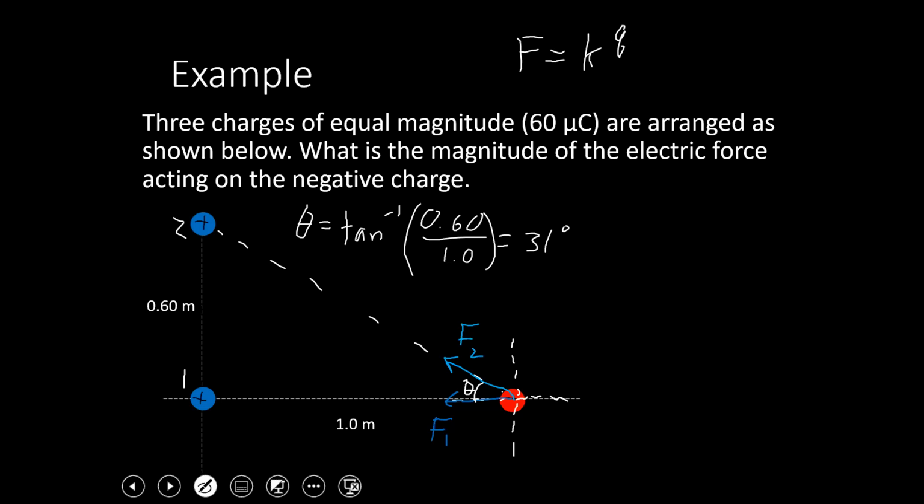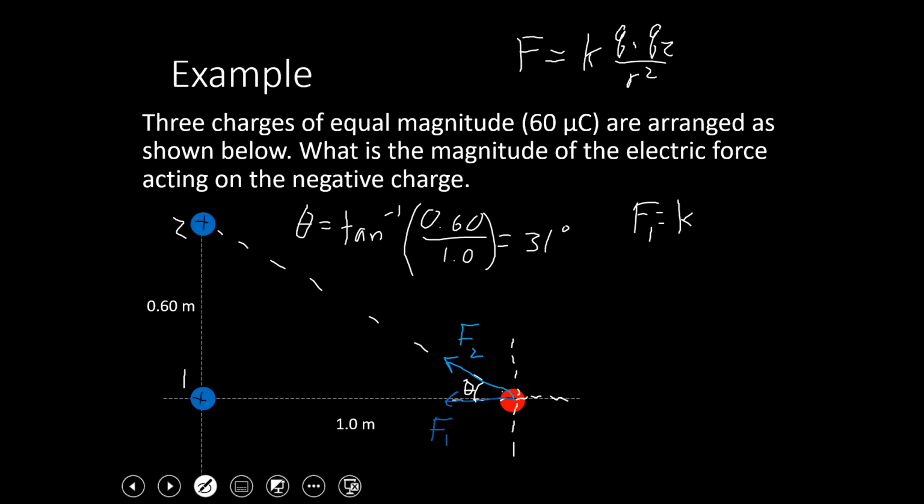So Q1, Q2 over R squared, right? That's my equation. So if we're talking about F1, well, K is our constant, so I'm just going to keep it as K. Go back to the slide I showed you in the last video, 8.99 times 10 to the 9. Well, actually, I had it in this video too. So 8.99 times 10 to the 9. That's our value for K.